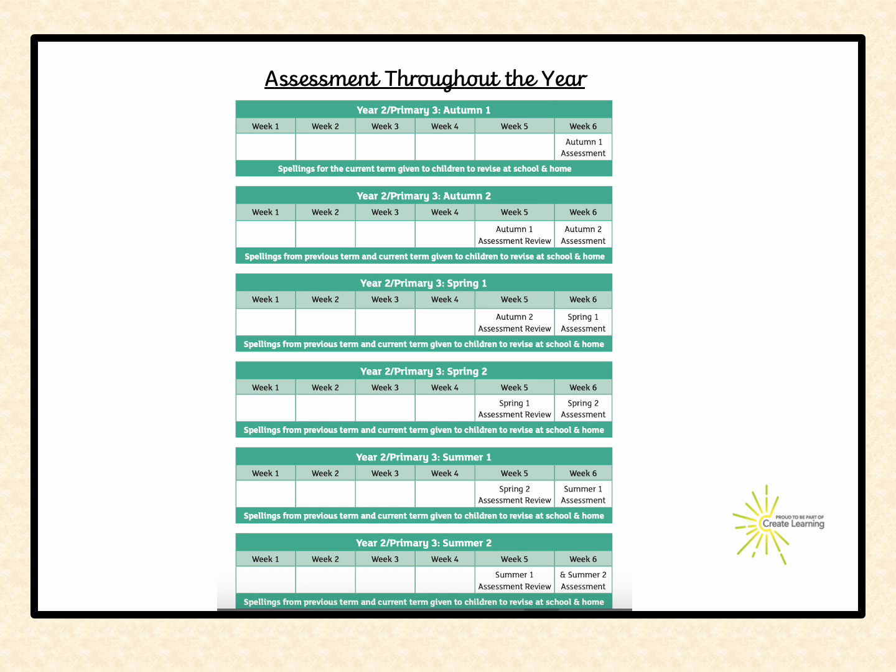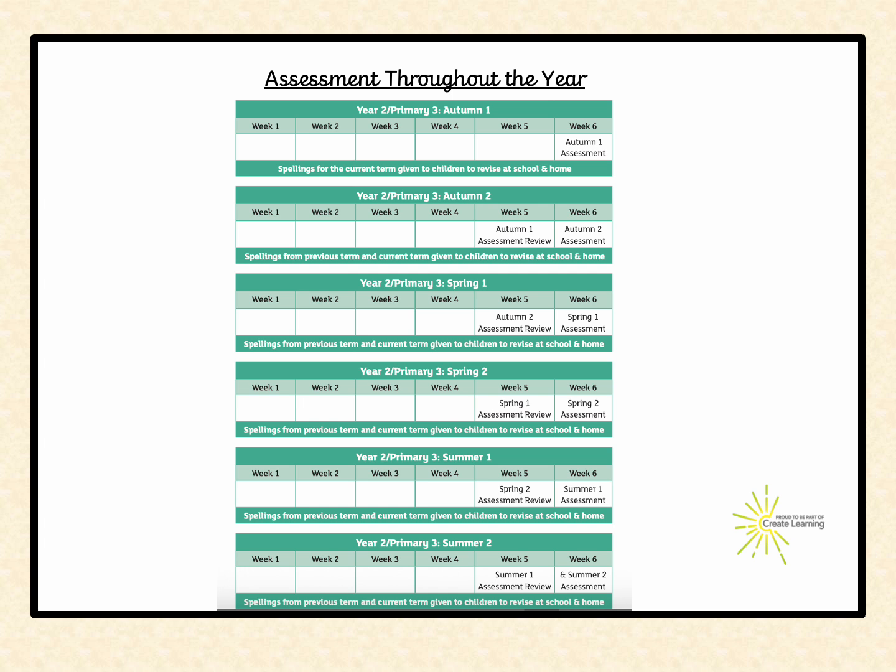So it's basically a summary of what they've learned that half term and seeing how much of it they can recall. Then the following half term, we do that one again to see whether any misconceptions they may have had during that previous half term, they now understand.